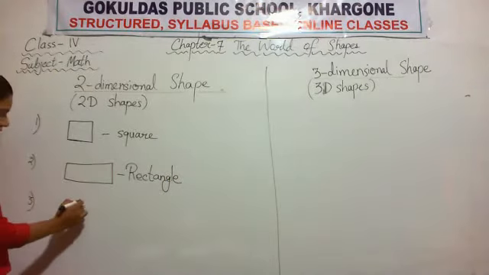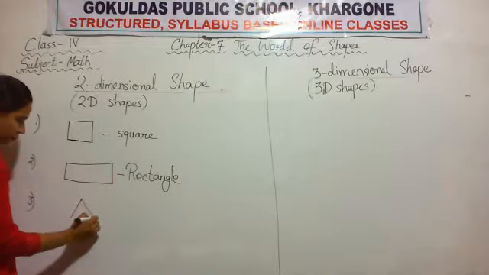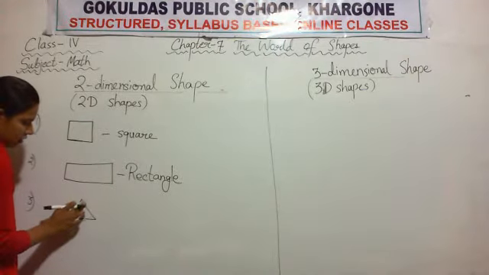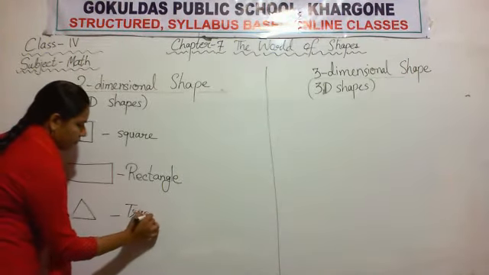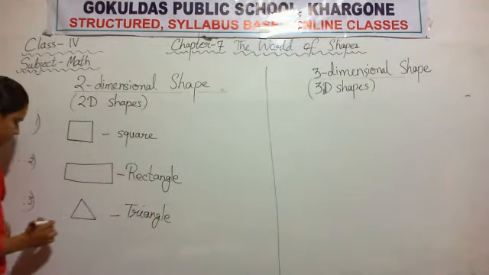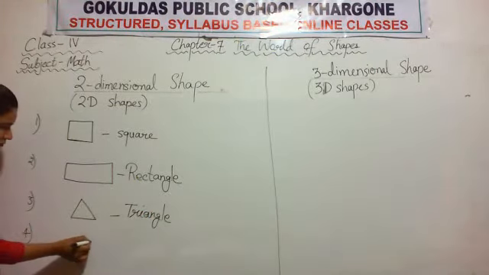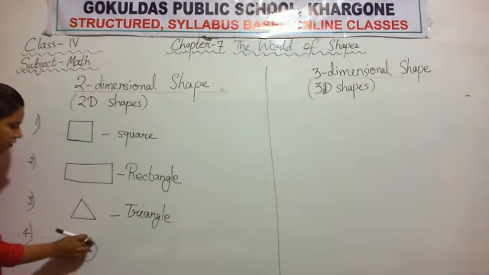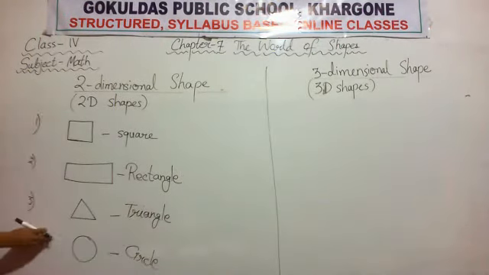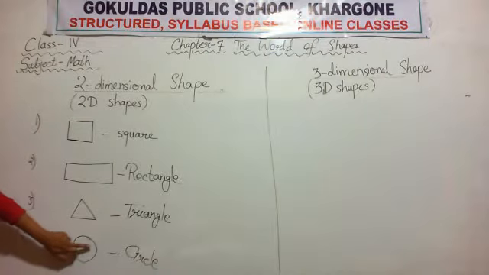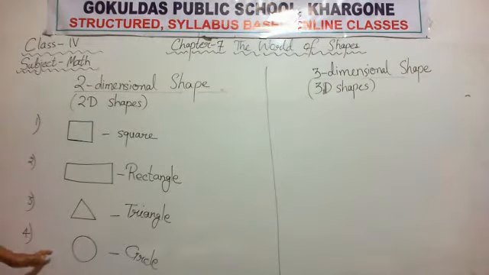Next shape is triangle. These shapes are made up of straight lines, okay? Circle is a closed curve, right? It is not a polygon, but it is a flat surface. So these are the 2D shapes.